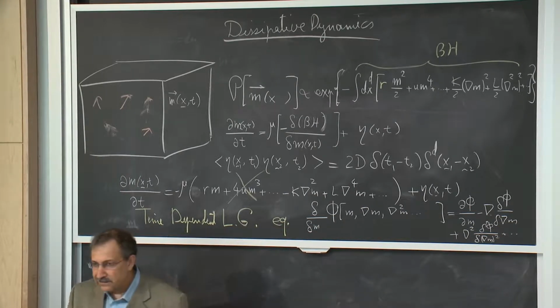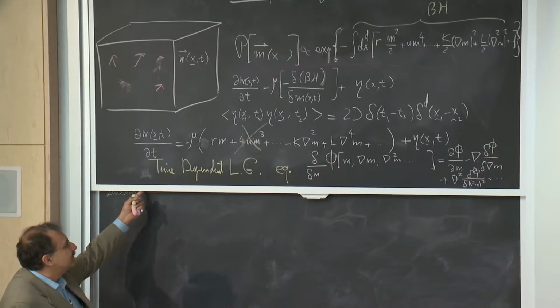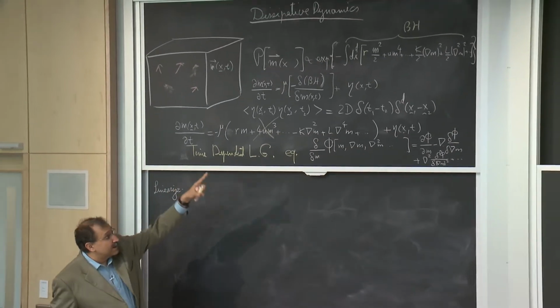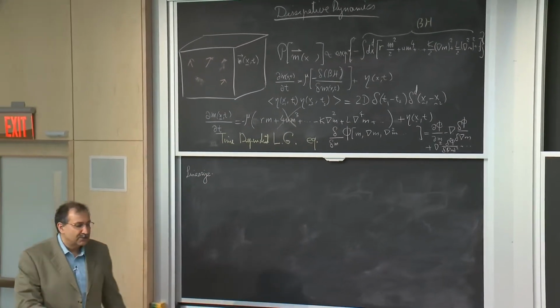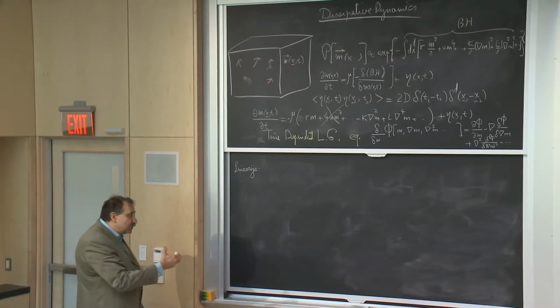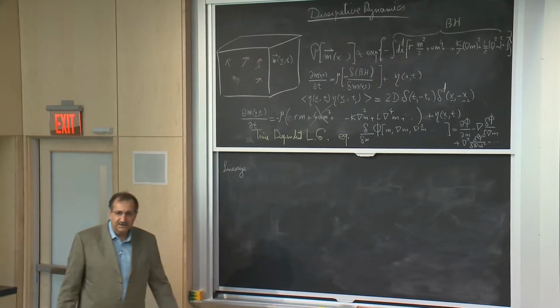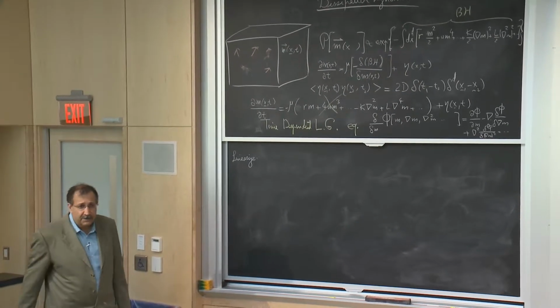It alternates, and so by explicitly calculating the difference of two functionals with this integration evaluated at m and m plus delta m, and pulling out everything that is proportional to delta m, you can prove this expression. Okay?